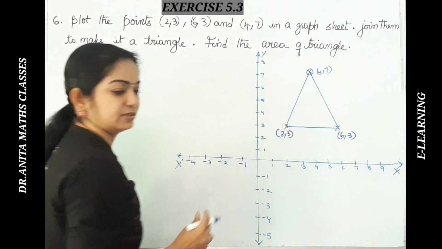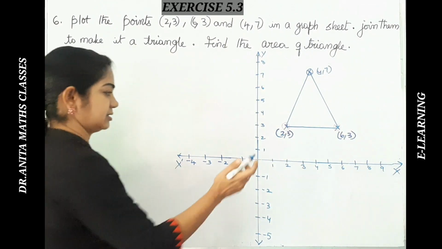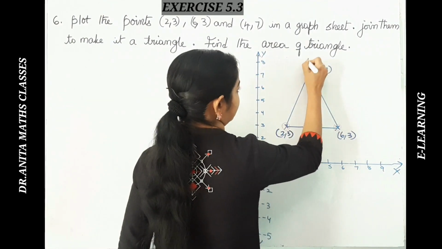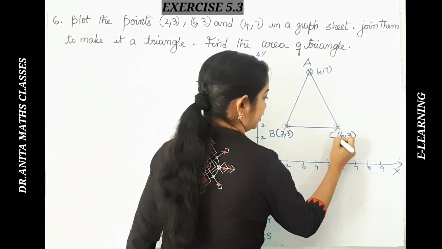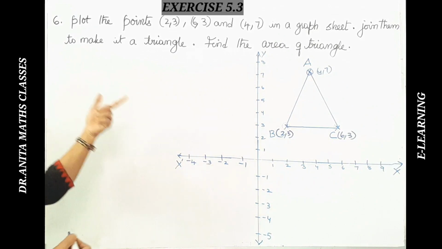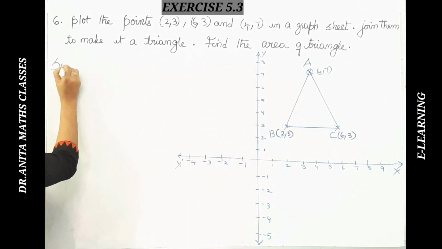So this forms a triangle. Let us give some names to them. So A, B and C. Okay. So the triangle ABC. Find the area of the triangle ABC.